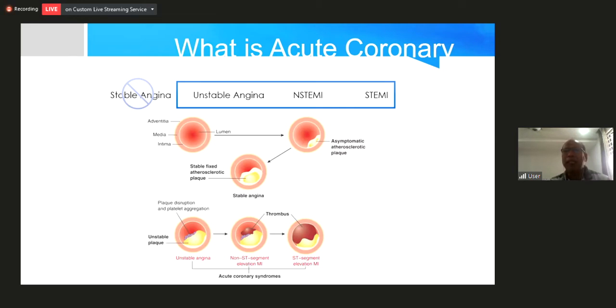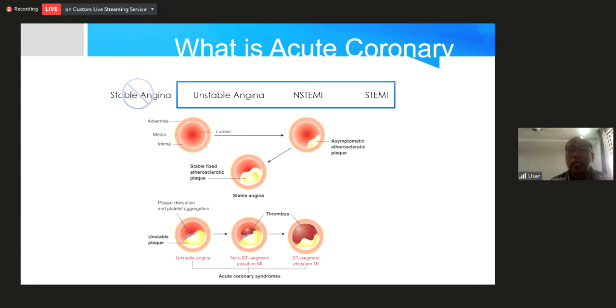But if the speed and the degree of the block are not severe enough, the patient will present with unstable angina.